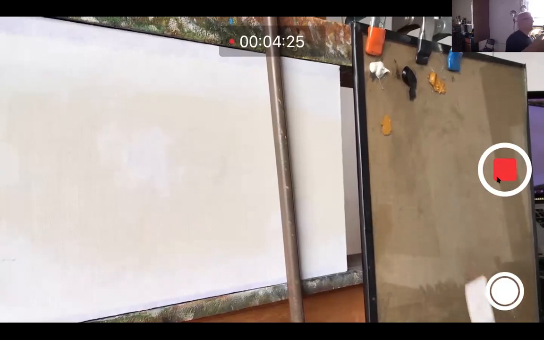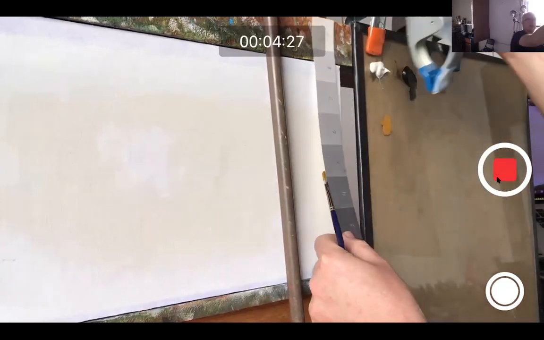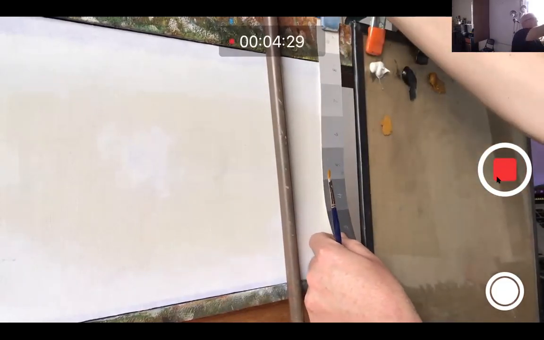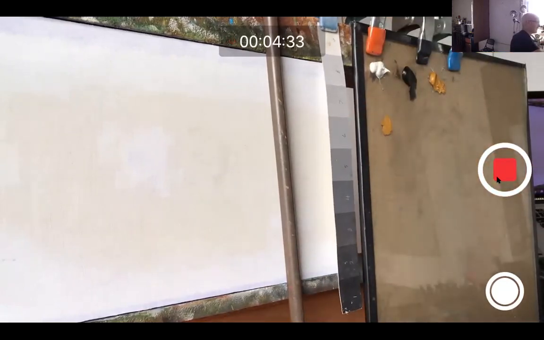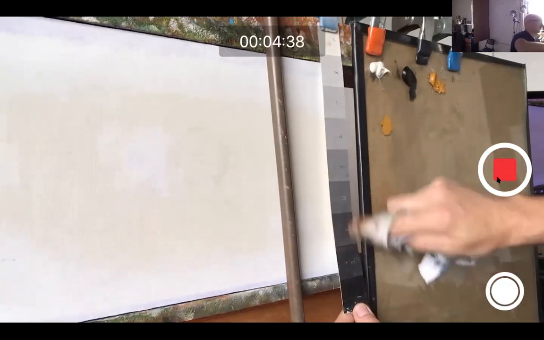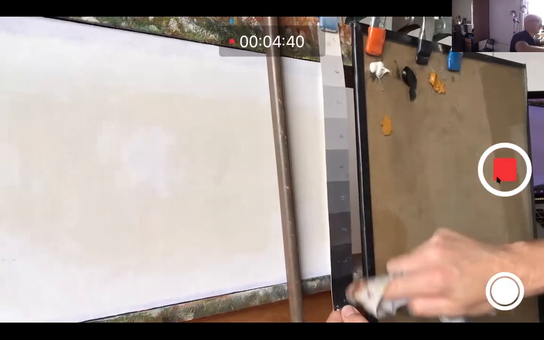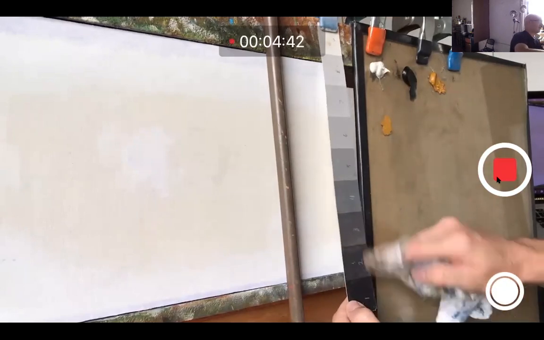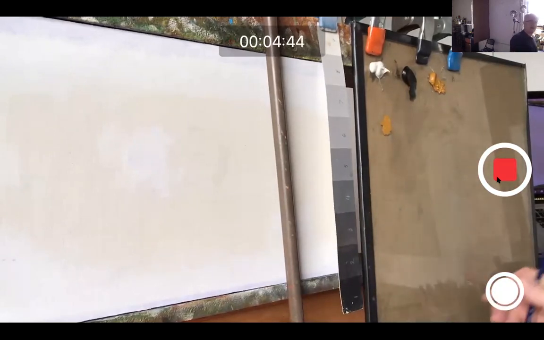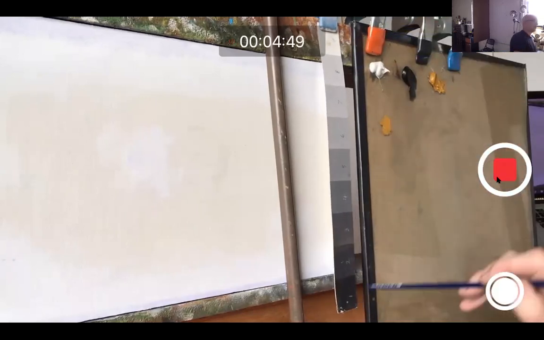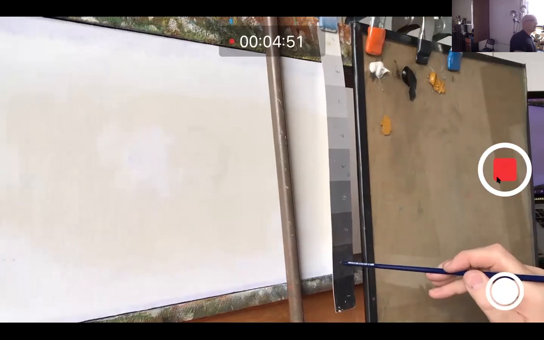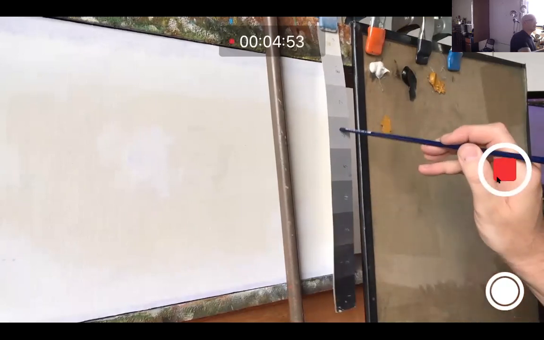I'm going to add one element here to our setup. I'm going to add a value scale. So this is a value scale that I have. It's a little bit of a dirty one. This is a kind of conventional value scale. A value scale is a scale of values from white to black, and then equal transitions in between them.